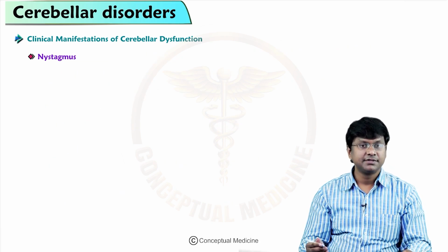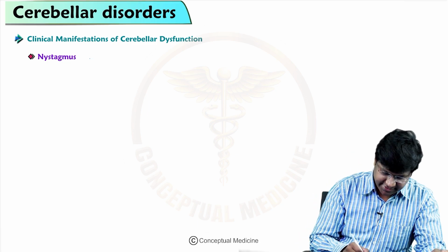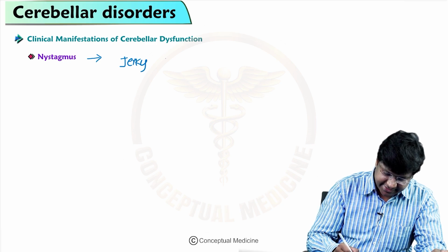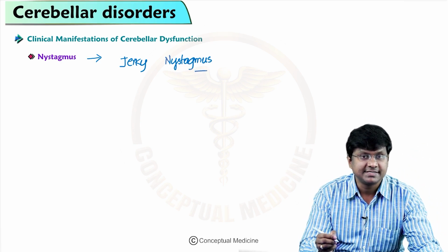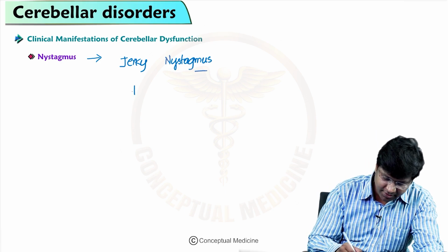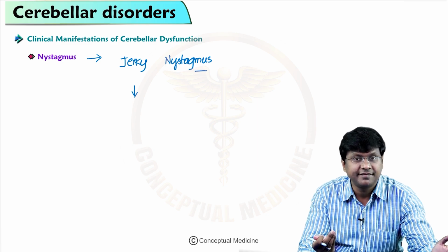And if you observe the pupil, these individuals have what is called jerky nystagmus. Now, this jerky nystagmus has a fast component and a slow component.